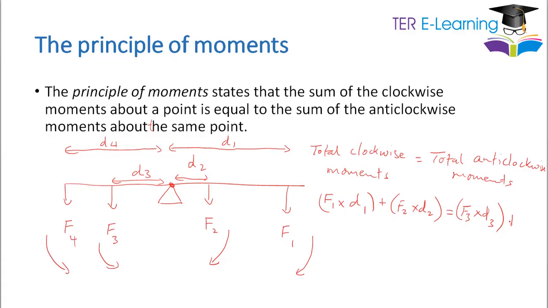So that is plus F4 multiplied by D4. So this is essentially what the principle of moments is. The sum of the clockwise moments about a point is equal to the sum of the anti-clockwise moments about that same point. Now, I'm going to do some examples to show you how to apply the principle of moments.